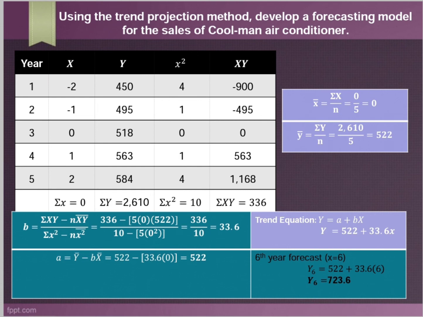And the y-intercept, a, is y bar minus b times x bar, which is simply the value of y bar, since x bar is equal to 0. Therefore, the whole term becomes 0. So the y-intercept is equal to 522. With that computation of the slope b and the y-intercept, we can form the trend equation y equals a plus bx.